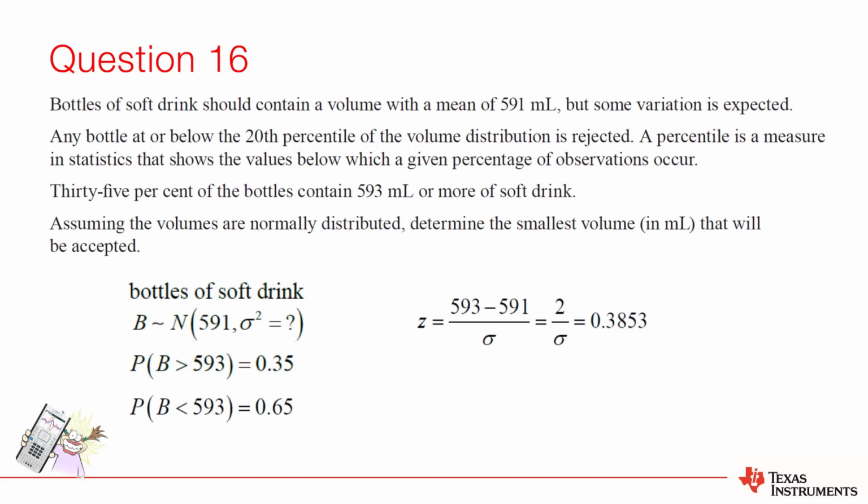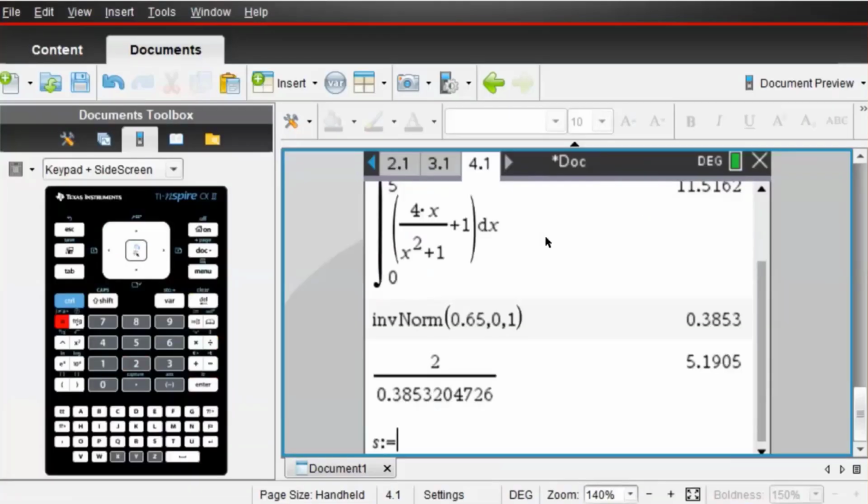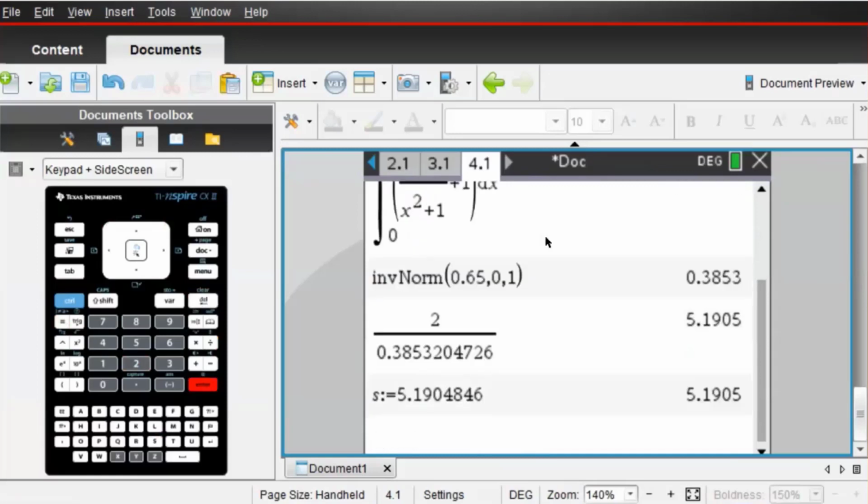So what we've got there is just 2 divided by my last answer. 5.1905, that is my standard deviation or my sigma. So let's just assign that value to s, with all the decimal places.